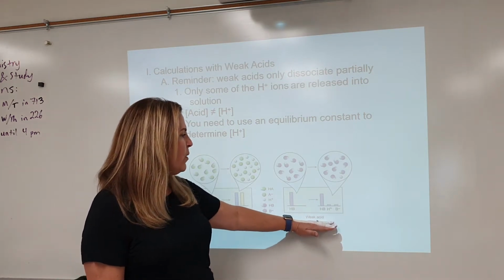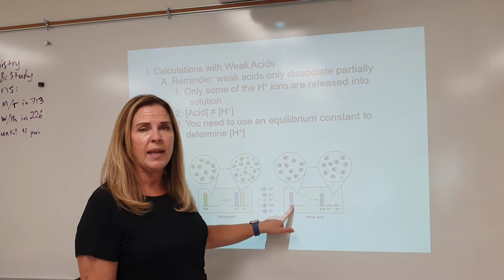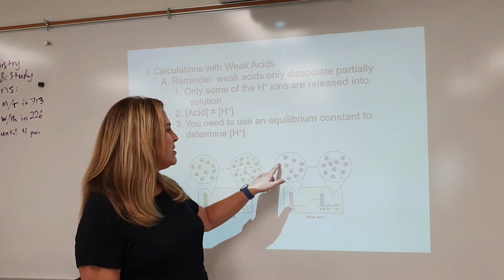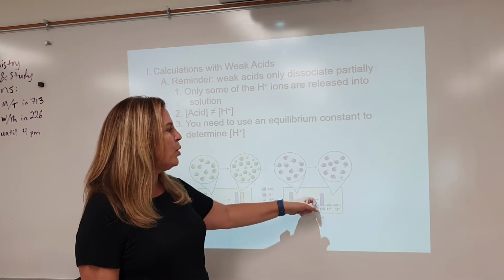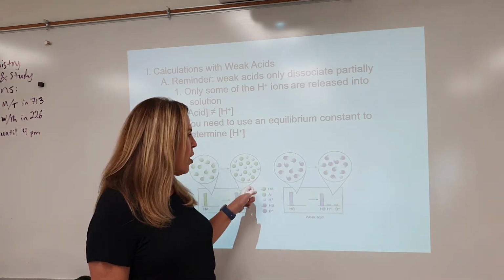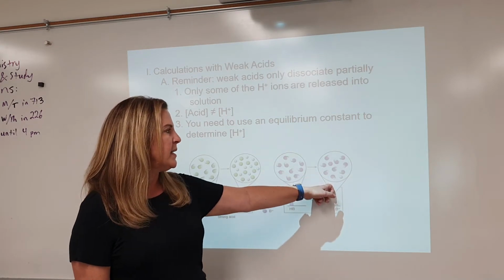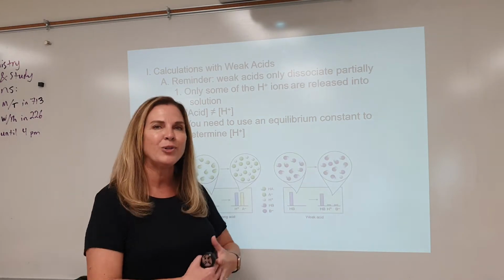Here we have a weak acid. Looks like our strong acid at the beginning, right? All the acid molecules, this time purple and white, are together. But when I put them in water, this is the difference between a strong acid and a weak acid. See, there's only one molecule that's actually dissociated.